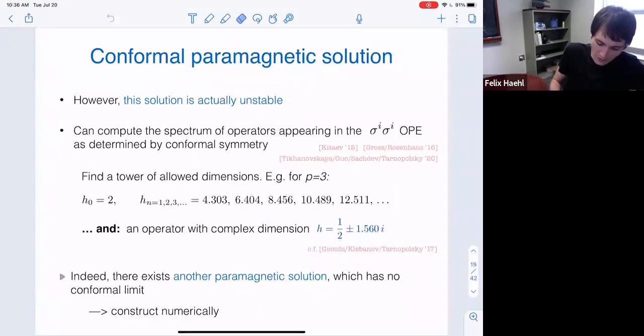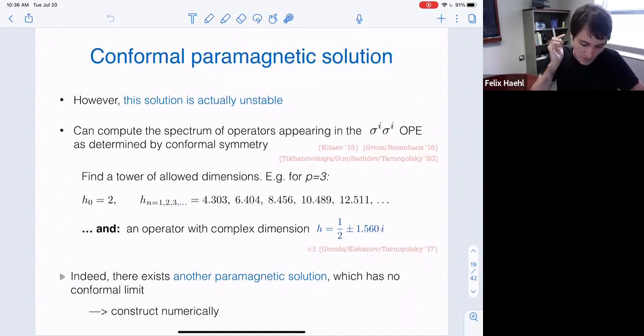So one thing you can do, and this technique sort of goes back to this paper probably, is that you can consider this as a conformal field theory in some sense, and ask about the operators that can appear in the OPE of two of those spin operators, and they will be determined by the conformal symmetry.